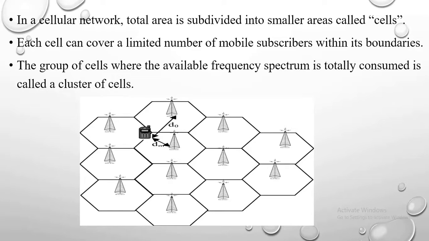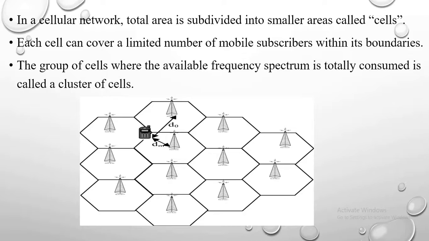That means the complete geographical area is going to be divided into smaller areas of equal area, in hexagonal shape. Your cells are going to be hexagonal in shape and with equal area. You will accommodate a limited number of mobile subscribers in each of your cells.